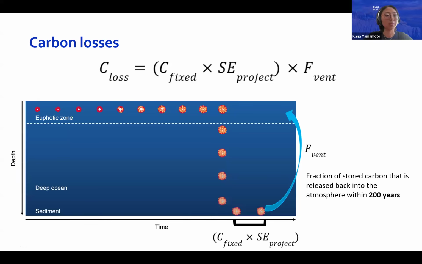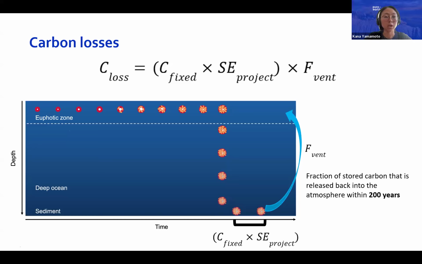And as that carbon degrades, it can be recirculated and recycled back into the atmosphere. So that's going to be this loss term. And we calculate this based on the amount of carbon that makes it to durable storage, which is going to be the carbon fixed and the sinking efficiency product as well.